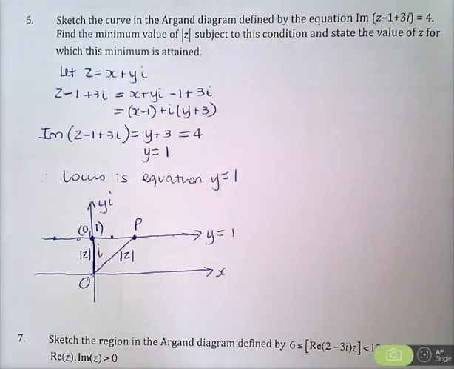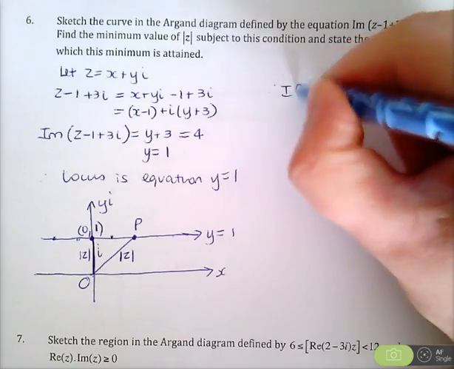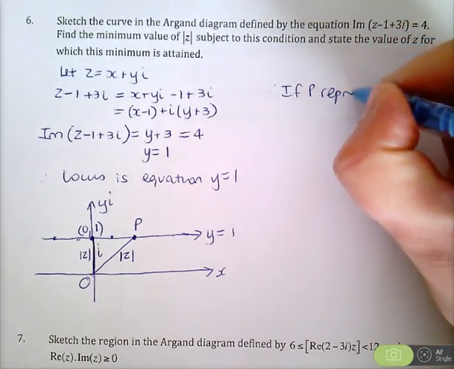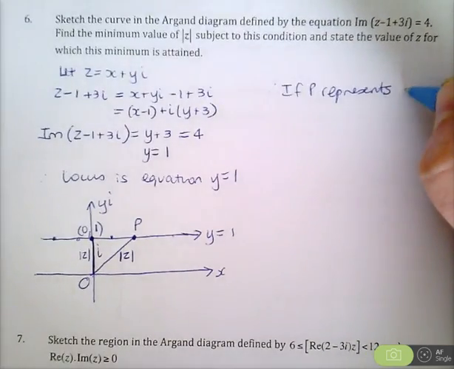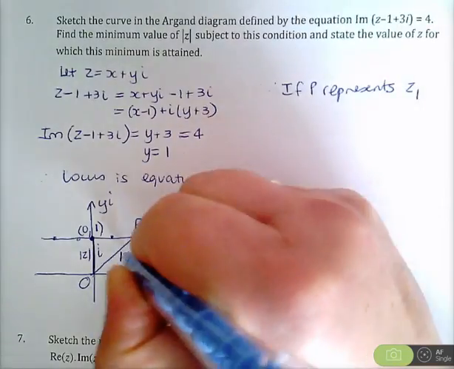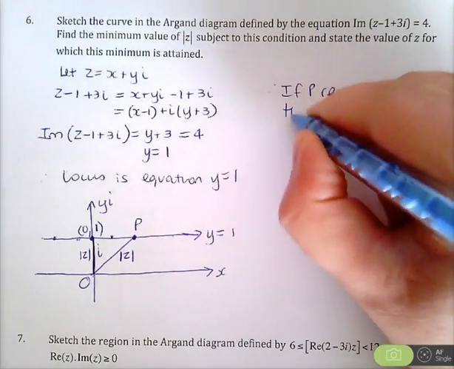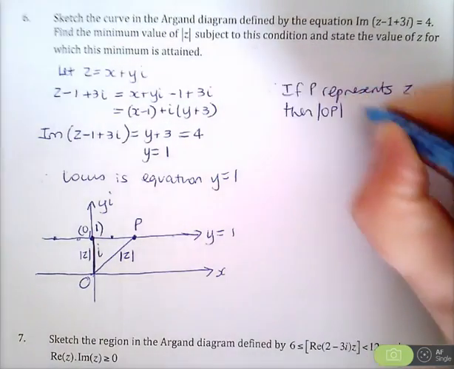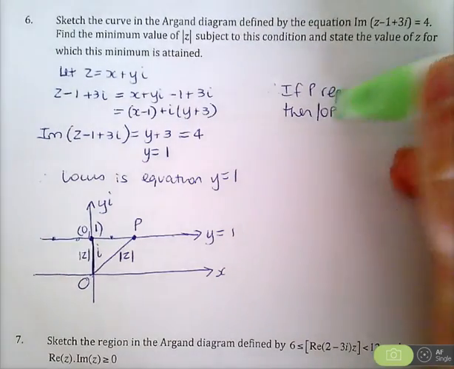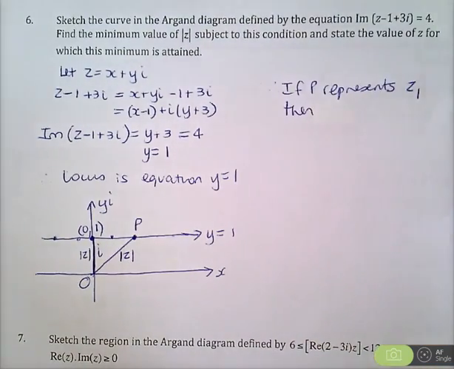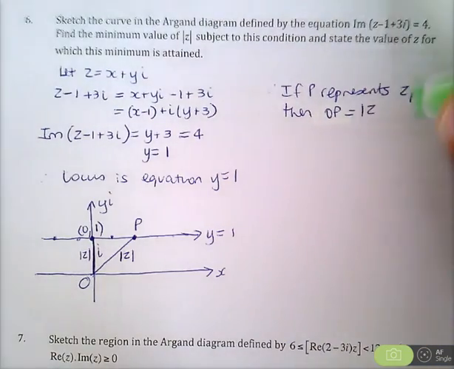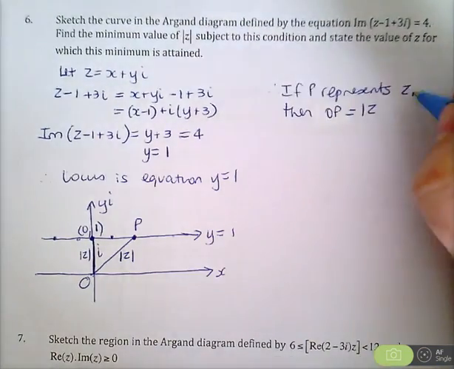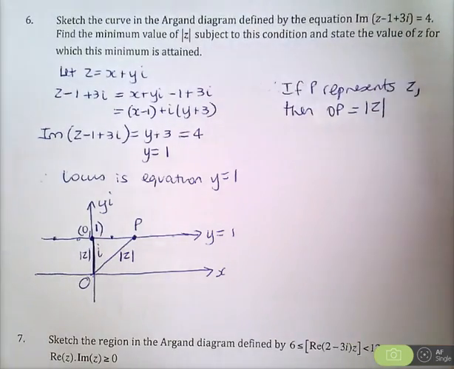So if P represents your complex number z, then OP represents the modulus of z.